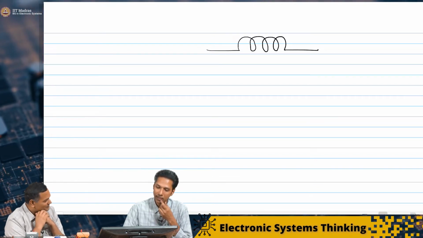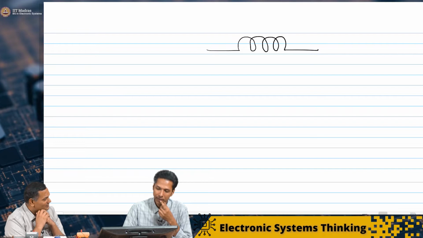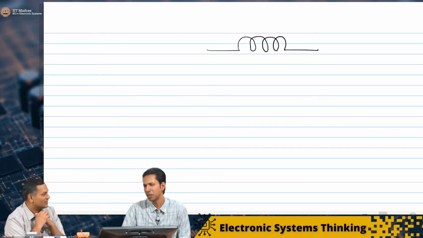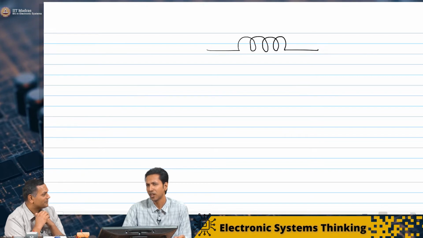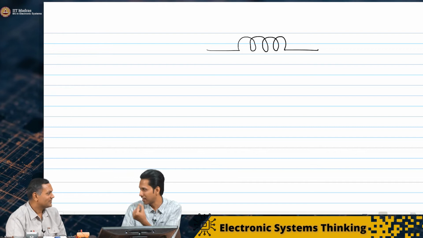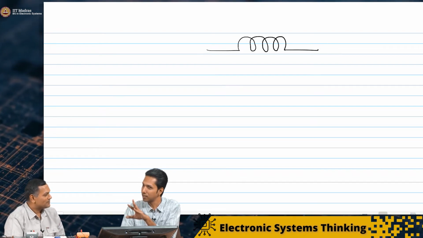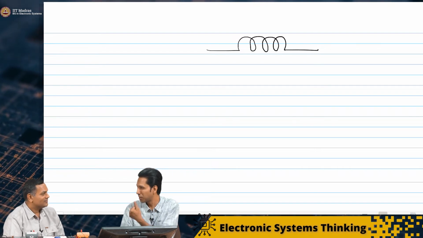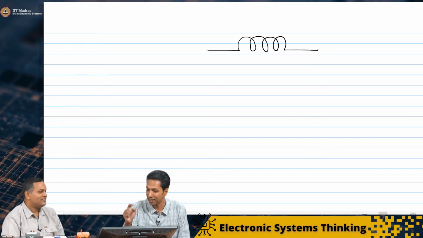Here, definitely it is not the charge, but the magnetic field. Maybe it is easy to connect with Faraday's law. Yes. So you are talking about changing the current. Correct. Changing the current will make a change in the magnetic field. So there will be some induced voltage. We know that from Faraday's law.